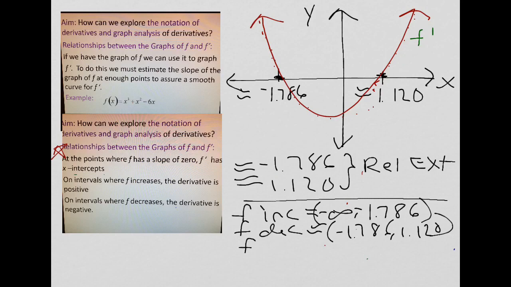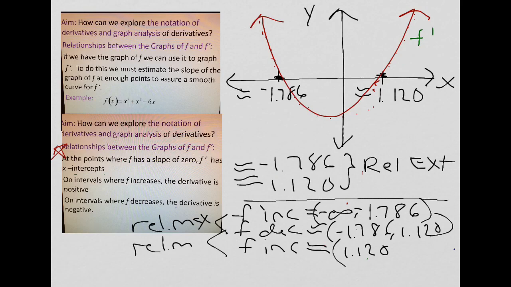And then our function was positive again, so it was increasing. Where it changes from increasing to decreasing, okay, then we have a relative max. And where it changes from decreasing to increasing, we had a relative min. So we know everything to kind of reverse our graph.